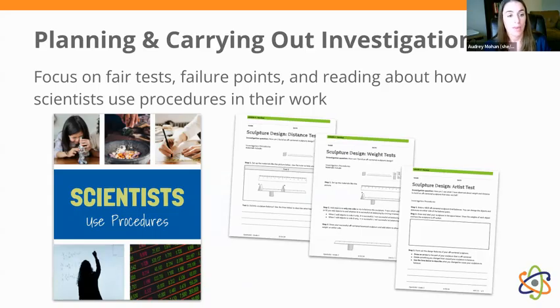And in that text, Scientists Use Procedures, they get introduced to real scientists and get to look at their notebooks and think about how those scientists recorded their procedures, results, and observations in different ways, both in data tables, but also in sketches, drawings, and notes. That gives kids an idea of all the different ways they can record their data as they carry out an investigation. So that's also an exciting part of the unit.